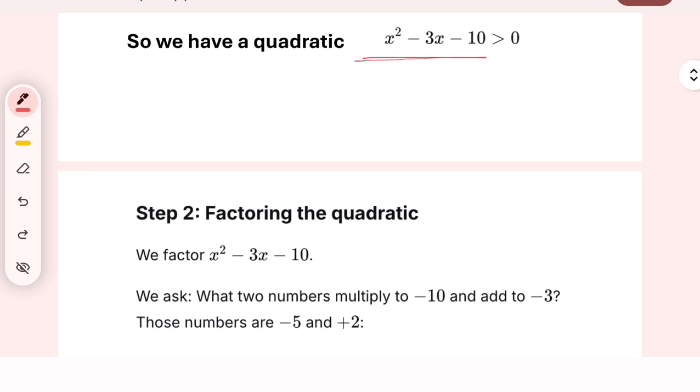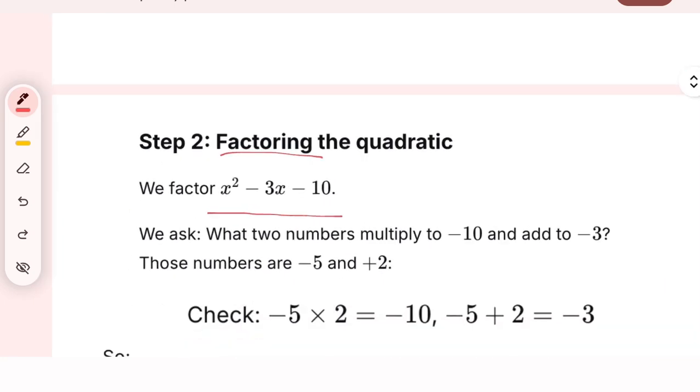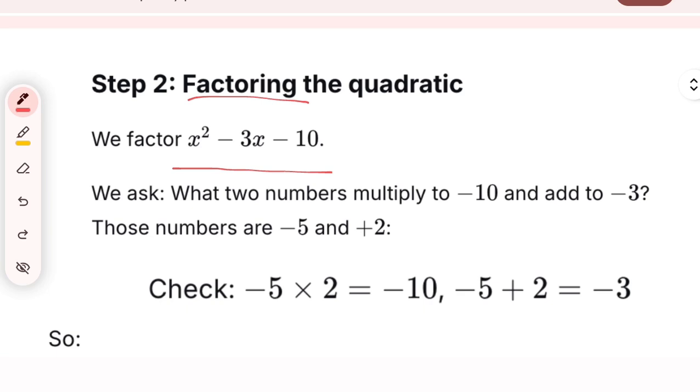So what we can do there is we will try to factor the quadratic. We factor the x squared minus 3x minus 10, right? Factoring the quadratic. You can use, of course, the other methods, but this is the method that we will use now. If you want to review the other videos which we have posted before, on how we solve quadratic equations, we have 3 methods.